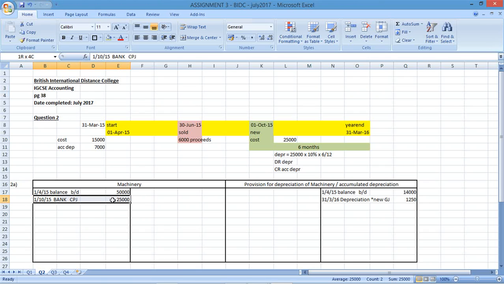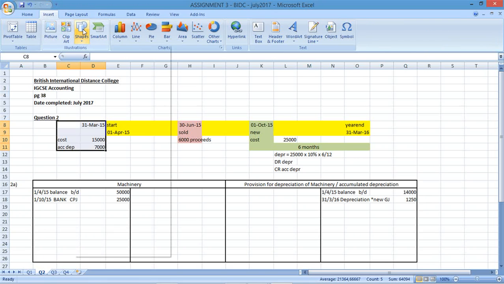So I bought the machine, and I've depreciated the machine for a portion of the year, 6 months. Great, so 2 is actually the easy bit to complete. Now we need to go back and we need to look at the asset that we sold. So if I'm selling an asset, do you guys agree, I need to bring that asset to that point in time because timing is important.